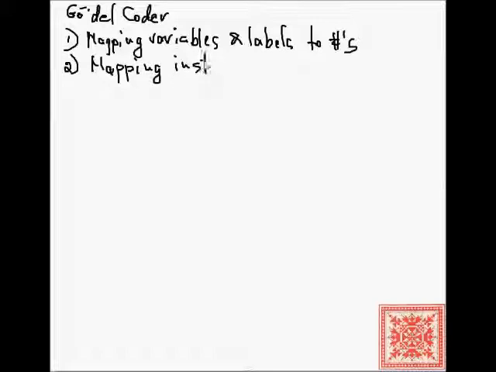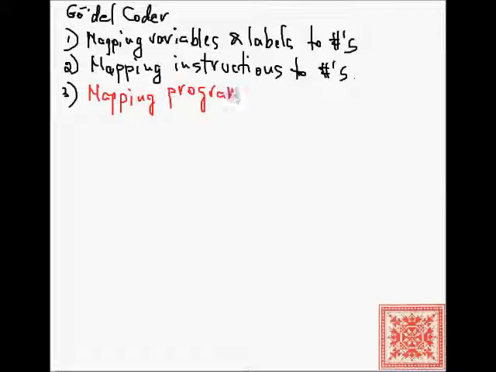The second subtask is mapping instructions to natural numbers, so coding instructions with natural numbers. Given a primitive instruction in the L programming language, we can compute a natural number uniquely corresponding to that instruction. And the third task, which we will be talking about in the remainder of this screencast, is mapping programs to numbers.